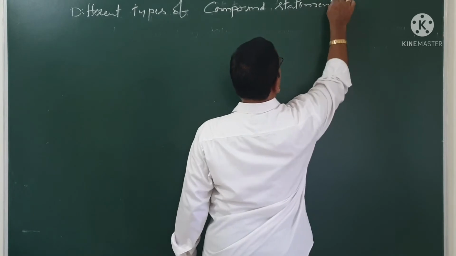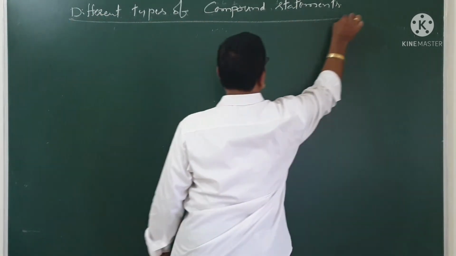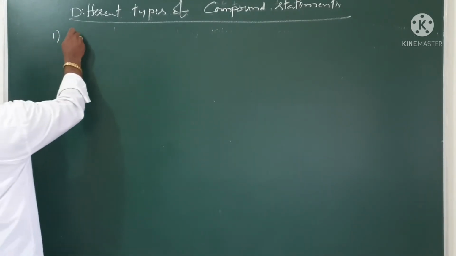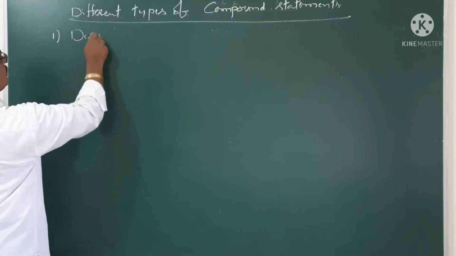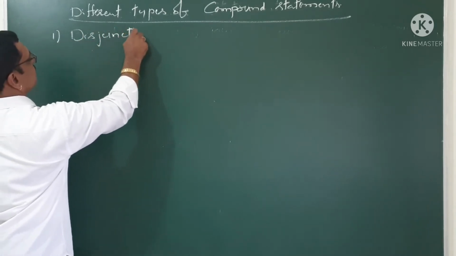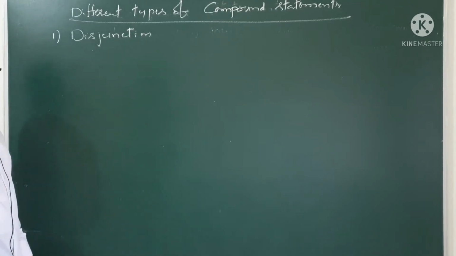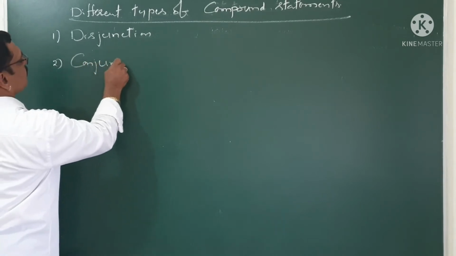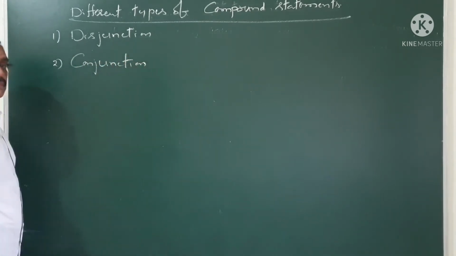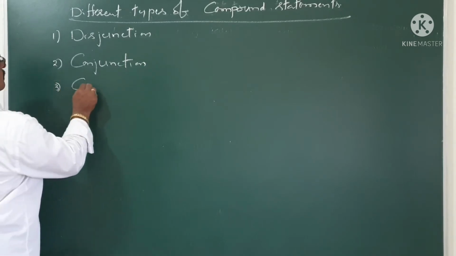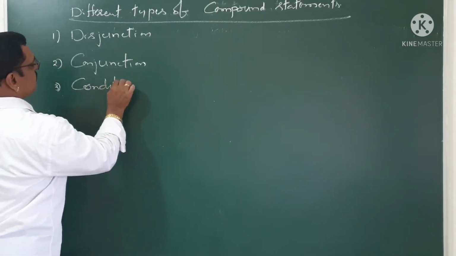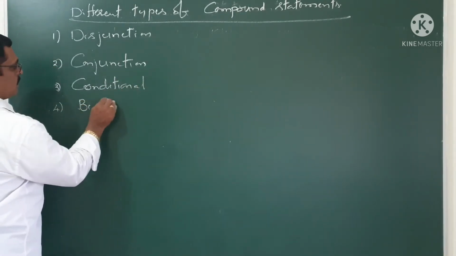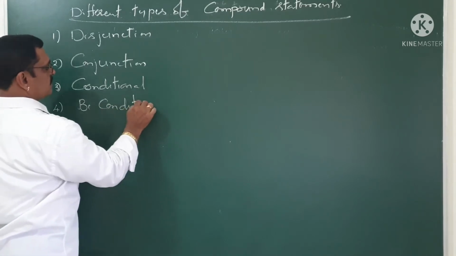Now let me make a list. The first one is disjunction, which is one type of compound statement. Second, conjunction. Third, conditional. And fourth, bi-conditional.